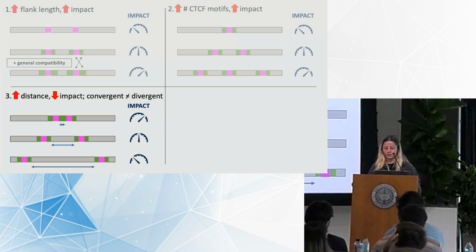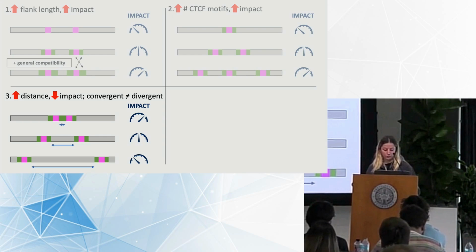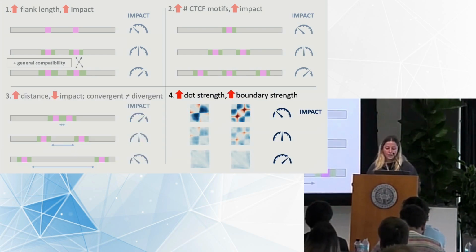However, there are pretty big differences between orientations, with the biggest values for divergent orientation. We also tested if there is any kind of specialization in CTCF sites, and we really don't see any. The stronger the dots we get in our predictions, the stronger the boundaries those CTCFs can produce.